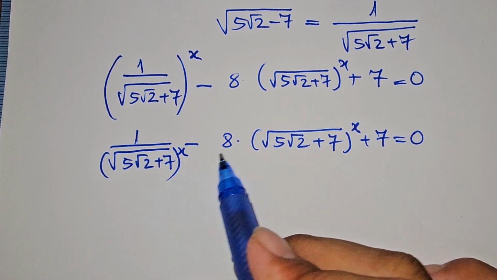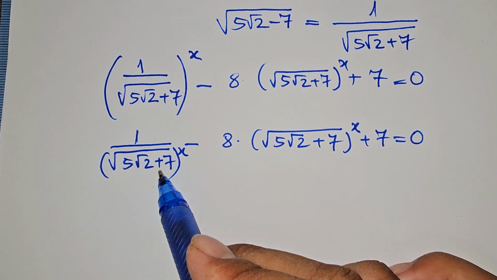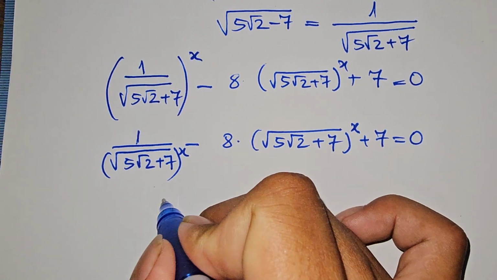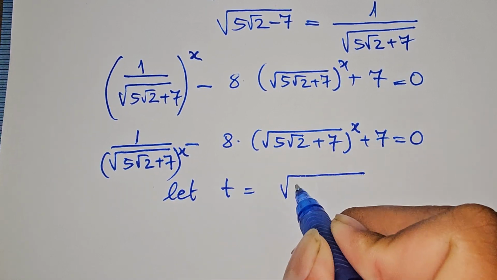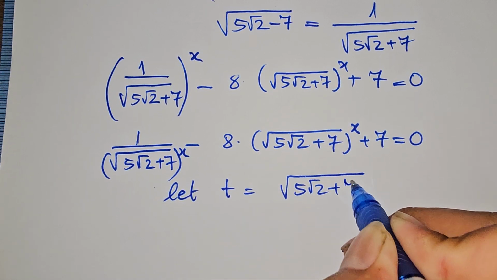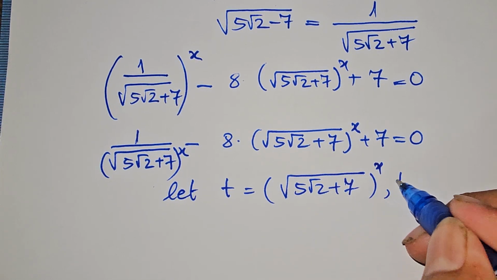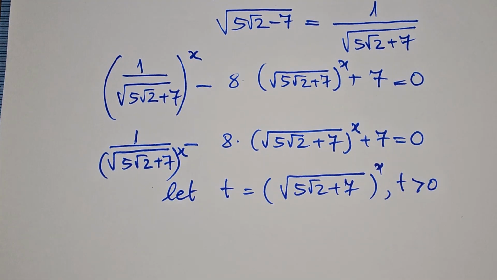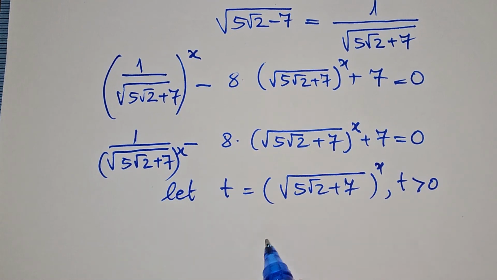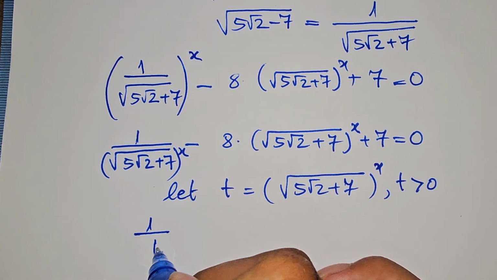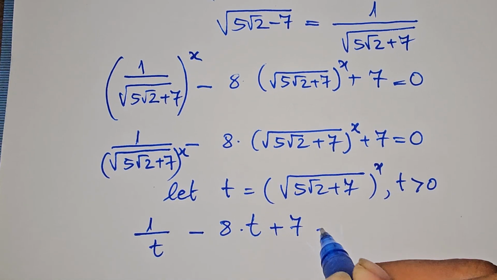Look, our equation has the same term (√5·√2 + 1) to the power x. So I let t equal (√5·√2 + 1) to the power x. It is an exponential function, so t must be positive. Okay, now we replace by t, so we get 1 divided by t, minus 8t, plus 1 equals 0.